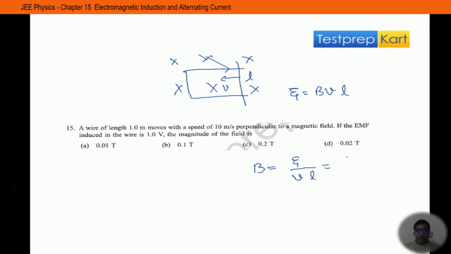EMF is 1 volt, velocity is 10 meter per second, and length is 1 meter. So magnetic field of this region would be 0.1 Tesla. So correct answer is option number B. Let's see next question.